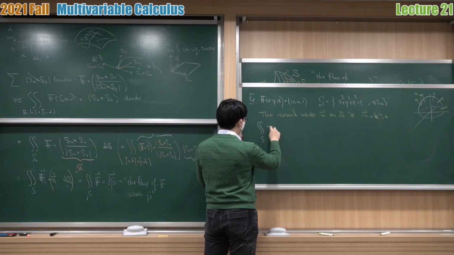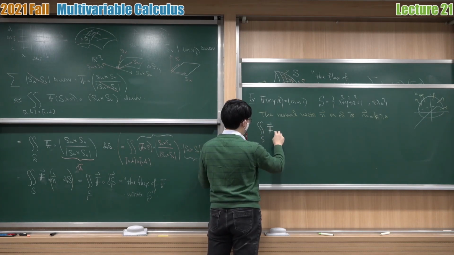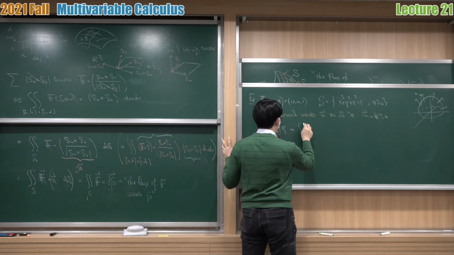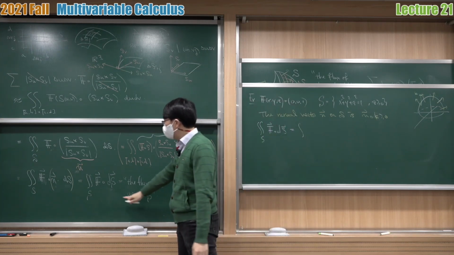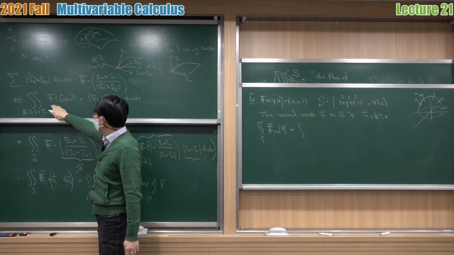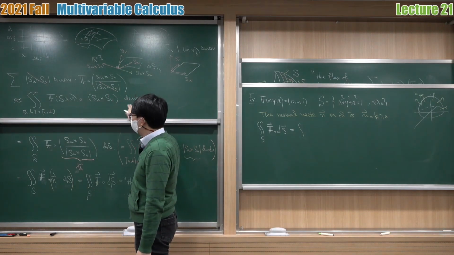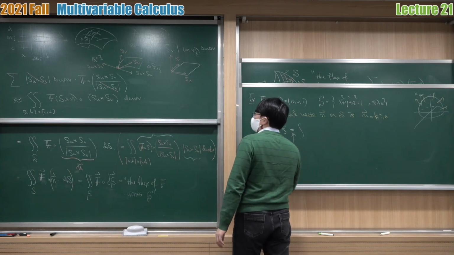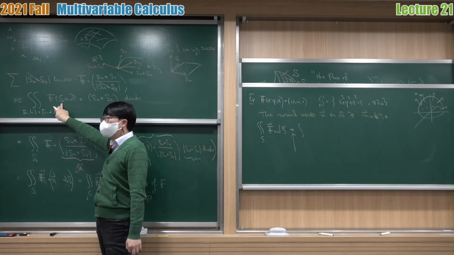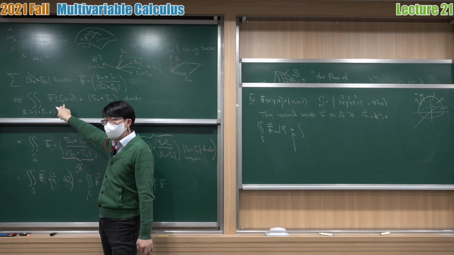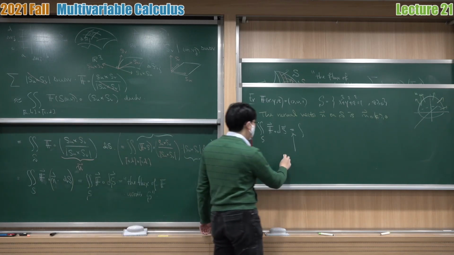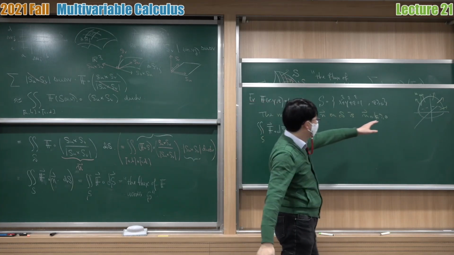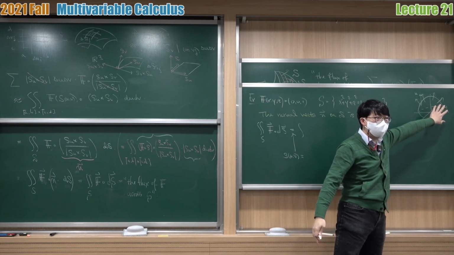The flux across this surface in the upward direction is, well, let's go back to the most specific form of this flux. First of all, in order to use this formula, we need to find the parameterization of the surface, written as S(u, v), which parameterizes this upper hemisphere.